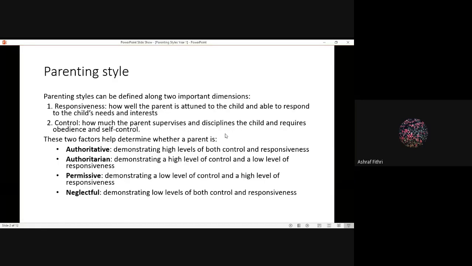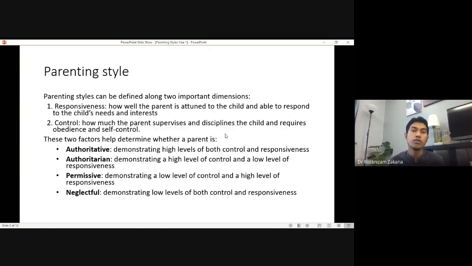So parenting style is easy. All you need to know is there are 4 types of parenting. There are different theories of parenting, but for the purpose of this topic, we'll highlight only 1 type of parenting styles for you to know. So parenting styles are basically defined along 2 dimensions: interaction of parents to the child with regards to these 2 dimensions.